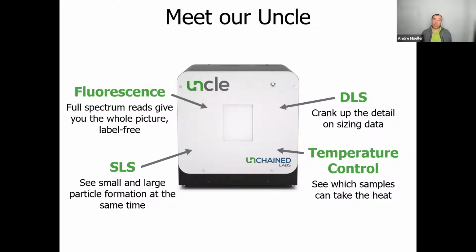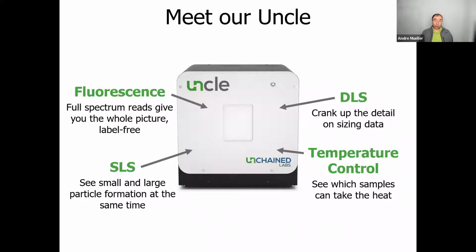I personally like using my DLS as a quick checkup before starting an experiment to make sure that my sample is still monomeric and there's no aggregates. If I'm working with an IgG type molecule, for example, I would want to see a diameter of around 10, 11 nanometers and not see anything of 100 or 250 nanometers, which would indicate to me that aggregation has already happened and I better re-prep something before wasting time doing an experiment with aggregates.